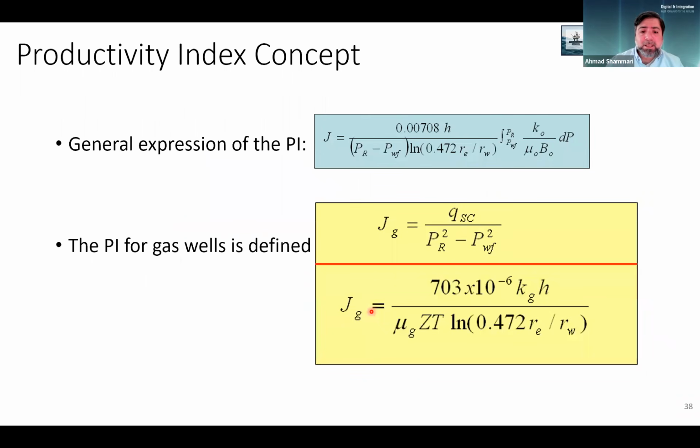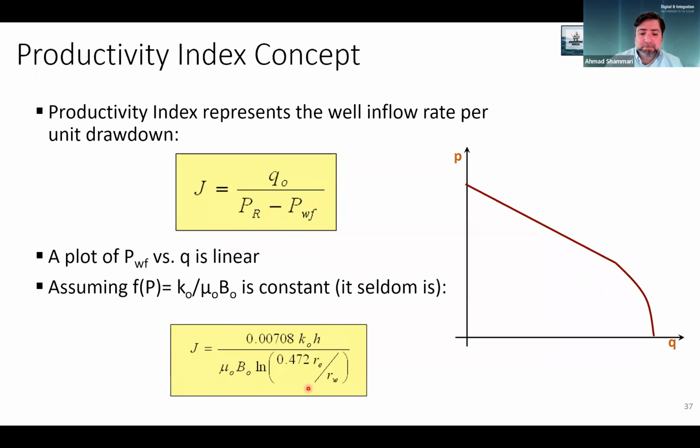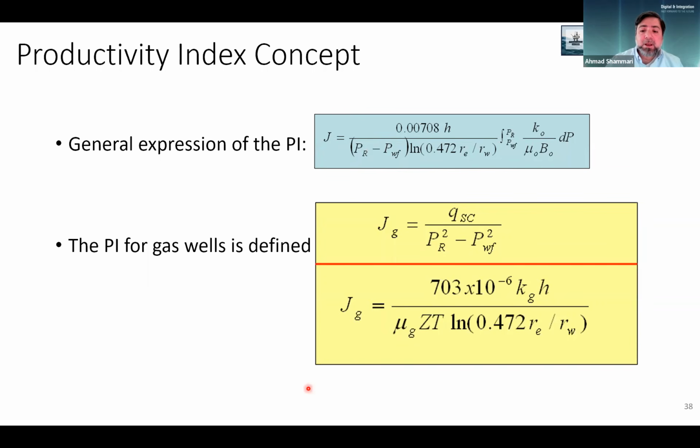Now, this is the general term. And as I said, if we assume that these properties are not changing with the pressure, then it will simply go back to this original one. Okay. Now, what about gas wells?